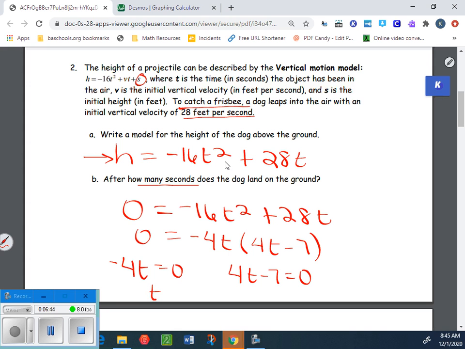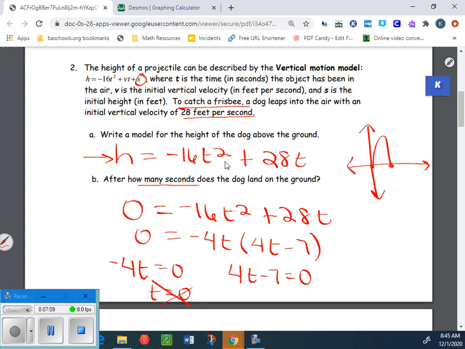This one's going to give me just t equals 0. Well, we know that when the dog starts out, he is literally at 0, 0. 0 time has passed. He's at 0 feet. He leaps and he comes back down, catches the frisbee. So that one is going to be his starting time. We don't want that. Obviously some seconds have passed.